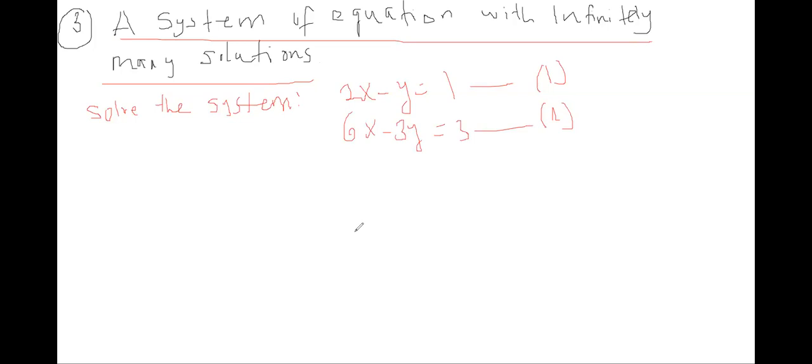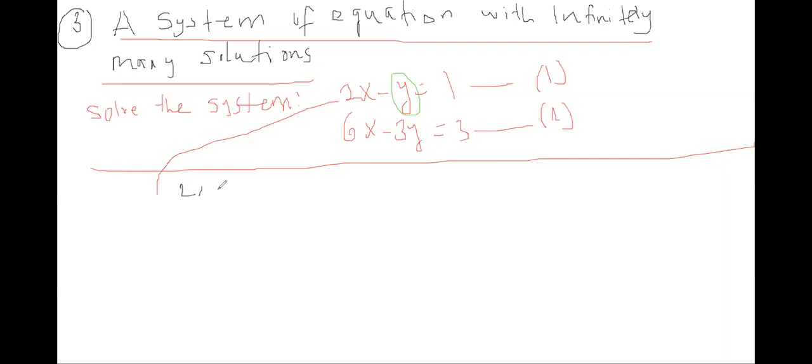We said to ourselves, we can use graphs or algebra to solve this. Here, we will use substitution. In substitution, all we need to do is make one equation, in this case equation 1, and make y the subject of the formula to stand alone. So we take 2x minus y equals 1.